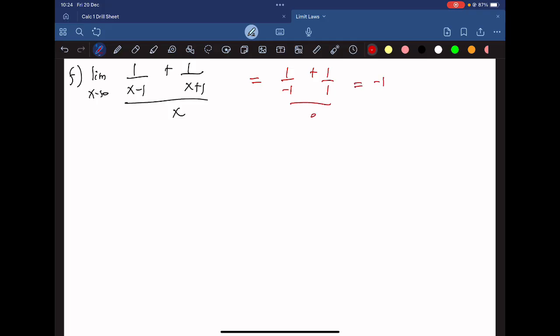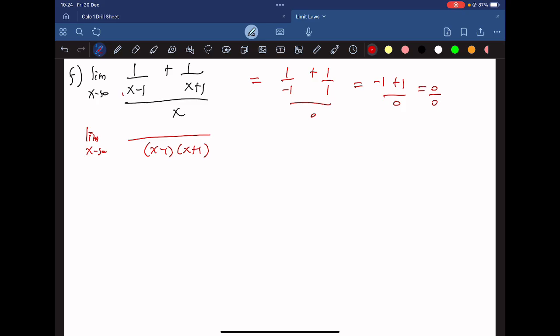And this is just minus 1 plus 1 over 0, so 0 over 0. So now what do we do? The best thing to do in this case is to find the LCD of the numerator. Now, having x minus 1 and x plus 1, the LCD is x minus 1, then x plus 1.